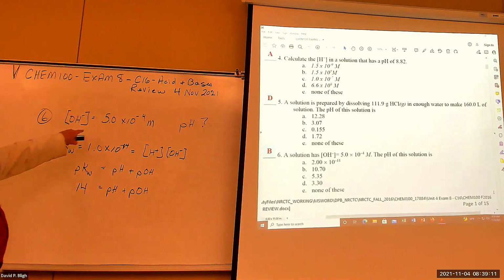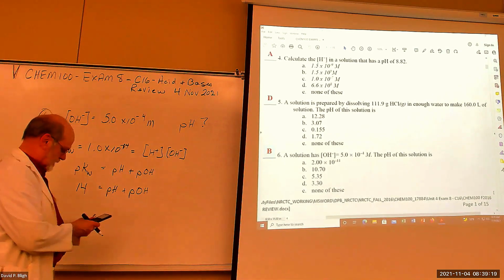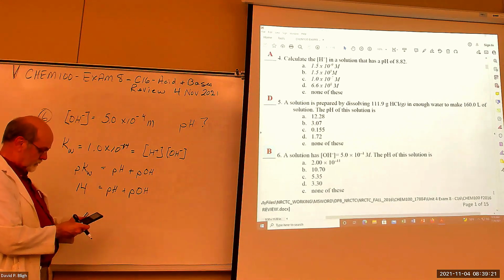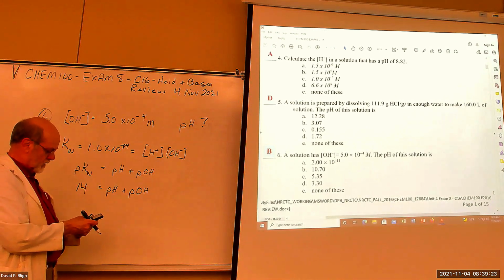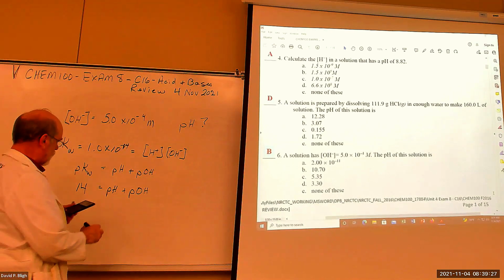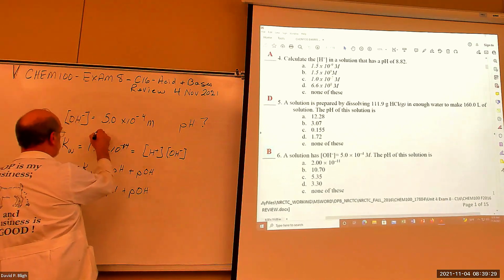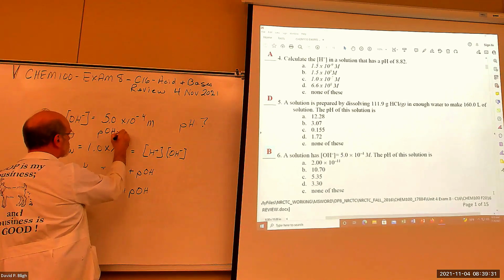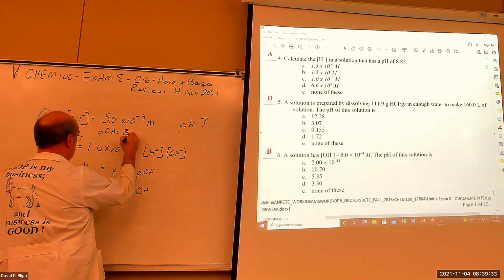So if we calculate the pOH of this value, and I'll need my calculator for that one. Let's see, 5 exponent 4 there, and take the log of that, change the sign. I get 3.30. So the pOH is equal to 3.30.